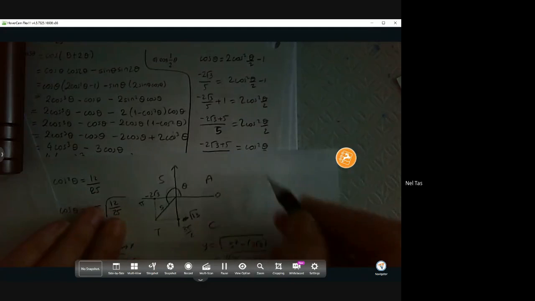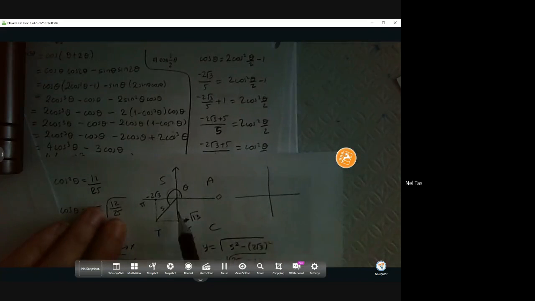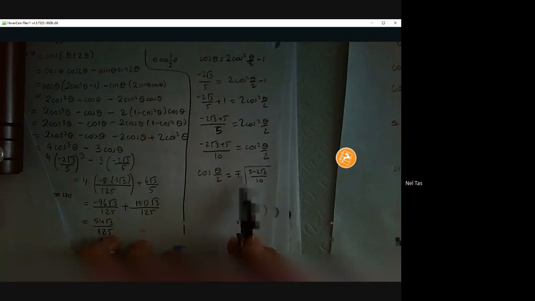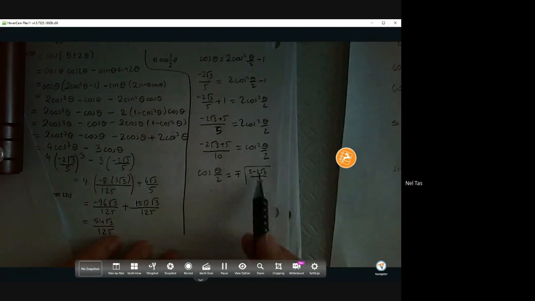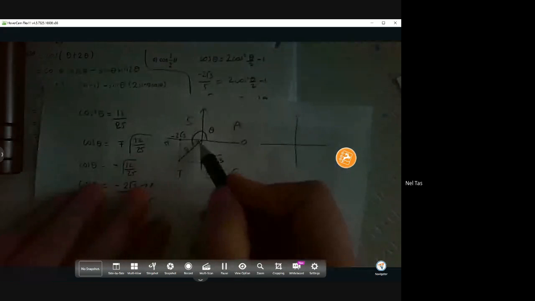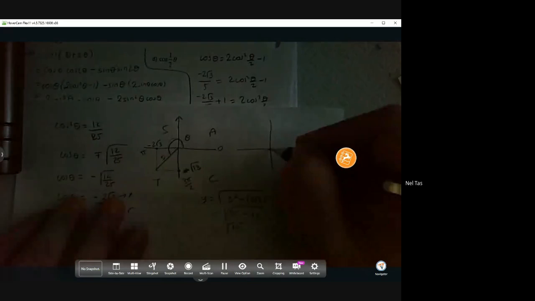Then half of theta would be there, right? Because based on that, we will know if we need to pick the positive or negative square root of 5 minus 2 root 3 over 10. If theta is in quadrant 3, actually half theta would be in quadrant 2.